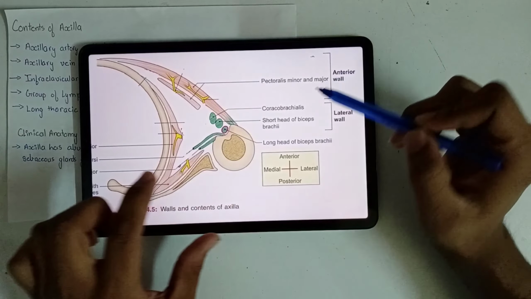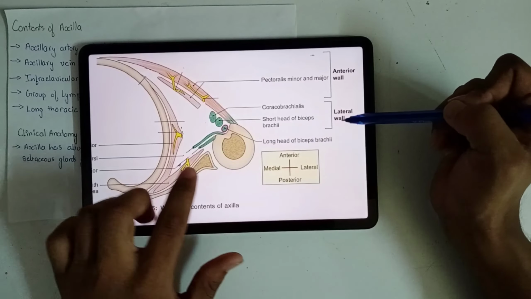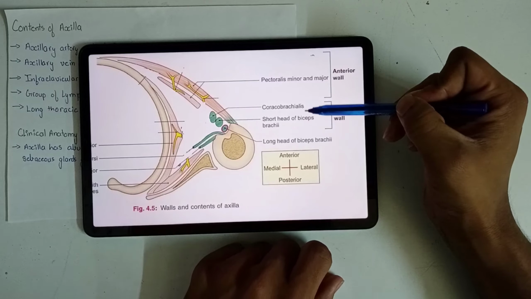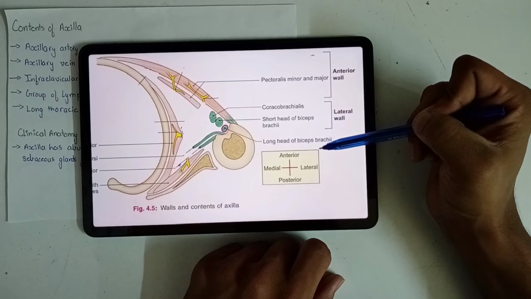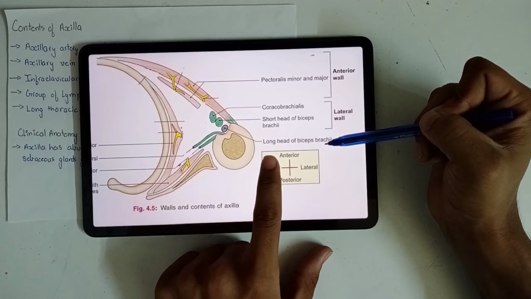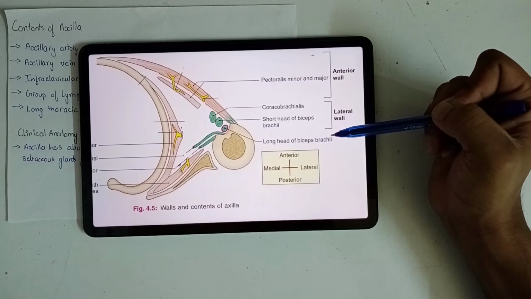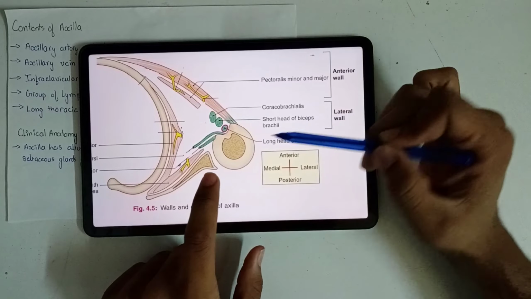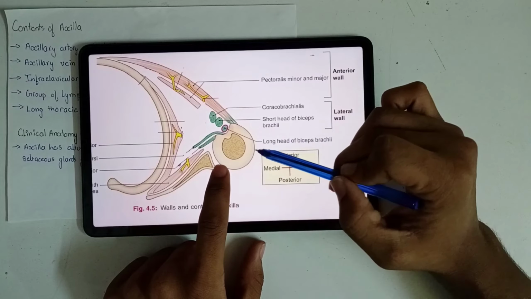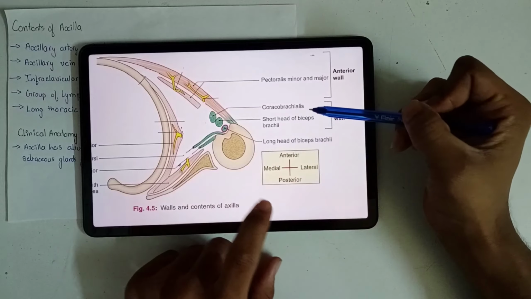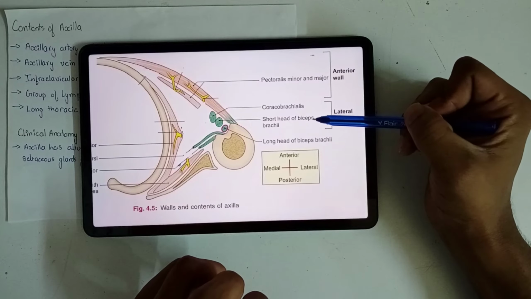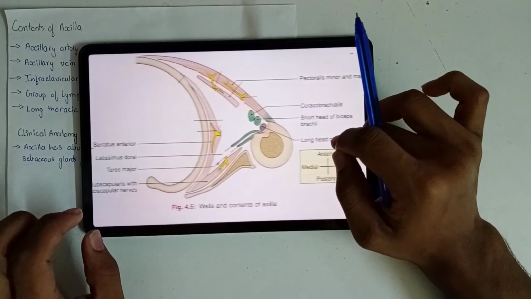The lateral wall is formed by coracobrachialis and the short head of biceps brachii. Here is the long head of biceps brachii. No, it is not involved in the formation of the axilla. Instead, in the lateral wall there is the shaft of the humerus: coracobrachialis, short head of biceps brachii and shaft of humerus.